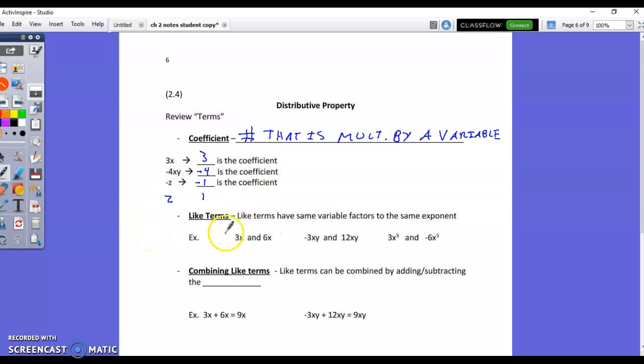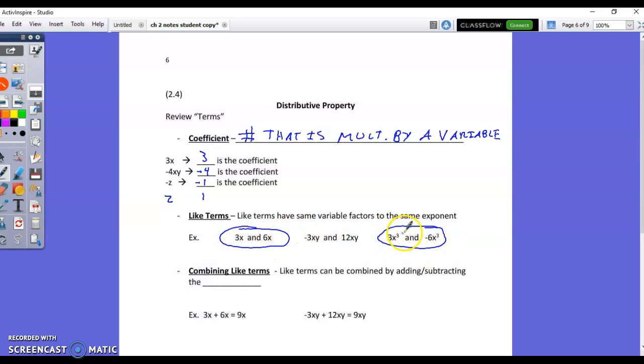So when we have like terms in a problem set, you can add or subtract, basically combining the terms. We've talked about adding and subtracting integers, so the same rule applies. Like terms have the same variable factors to the same exponent. The exponent piece comes into play because if I look at, for example, this and this one, this is a 3x and 6x.